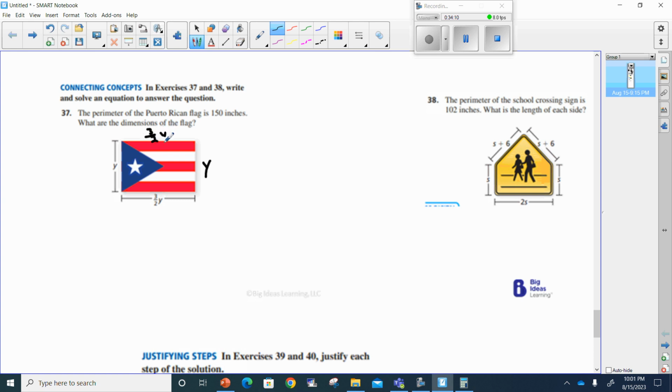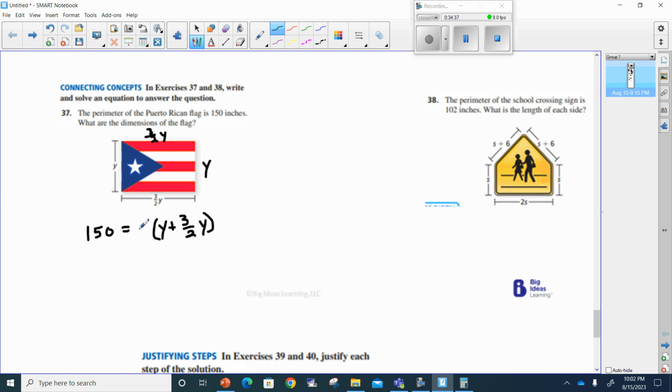We know that because it's a rectangle, which means we can come up with the equation. Remember, the perimeter is 150. That has to equal y plus 3 over 2y, multiplied by 2, right?